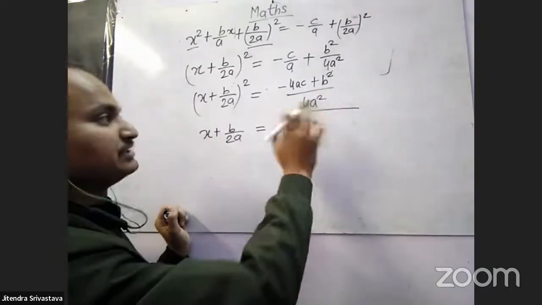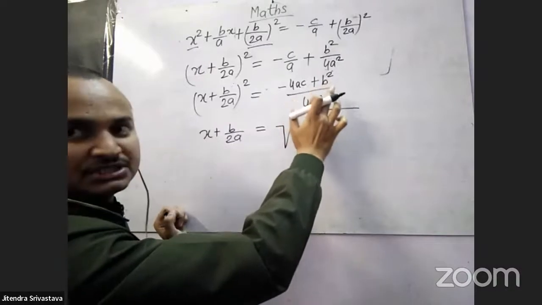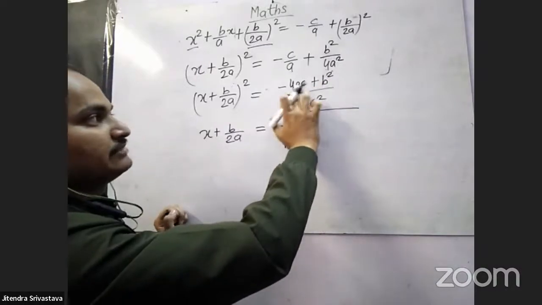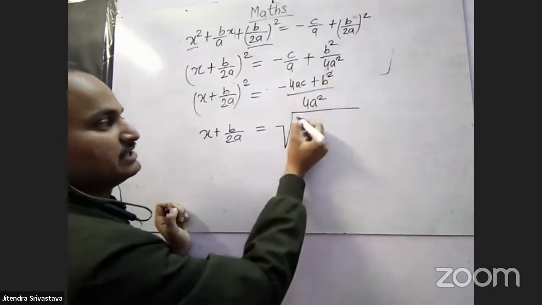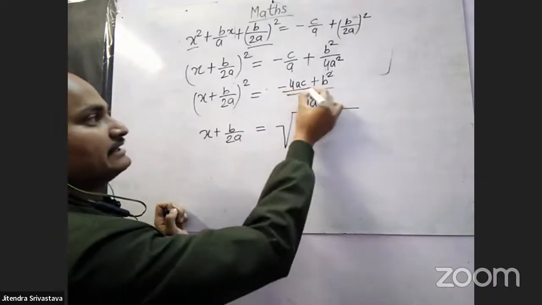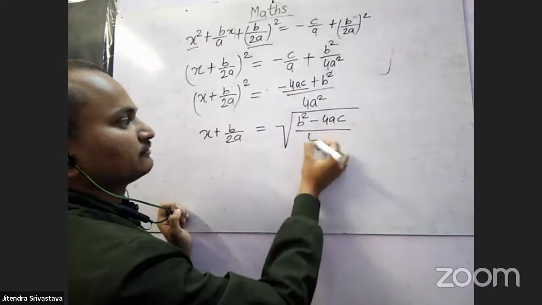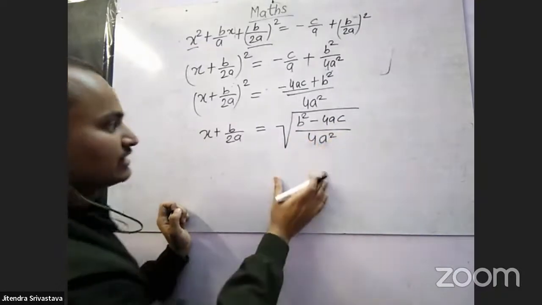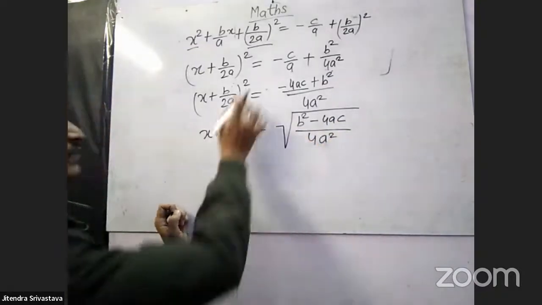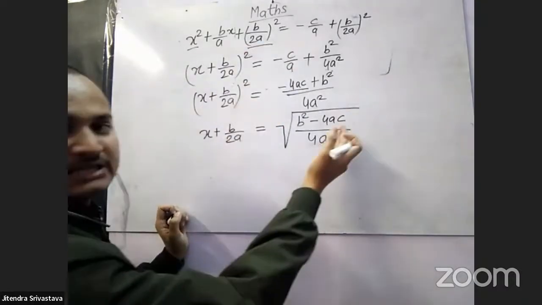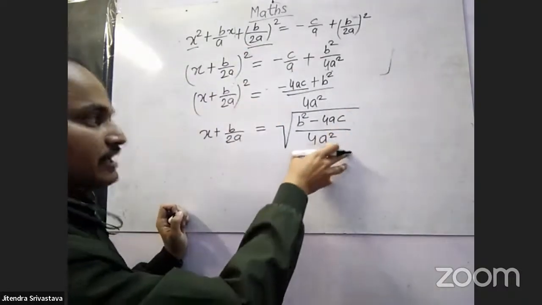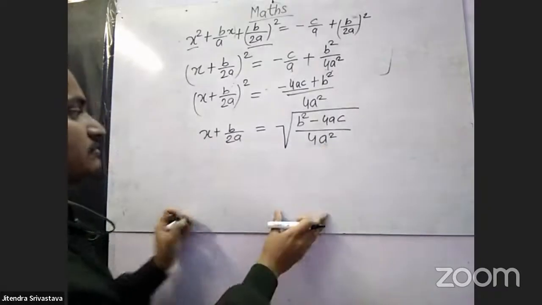I am switching the positions of these terms, since we can switch addition and subtraction. We will write first b square and later minus 4ac, upon 4a square. When the square goes to the other side of the equals, it will go under root on the other side.